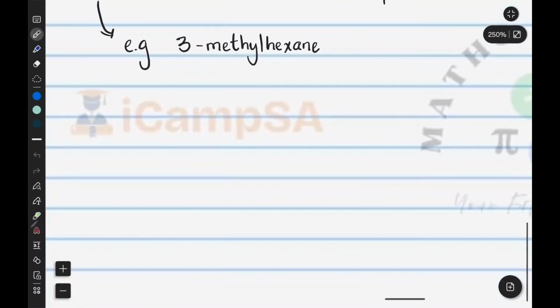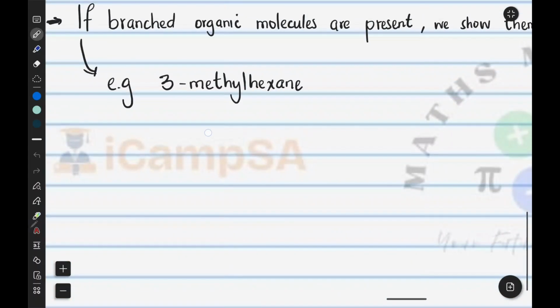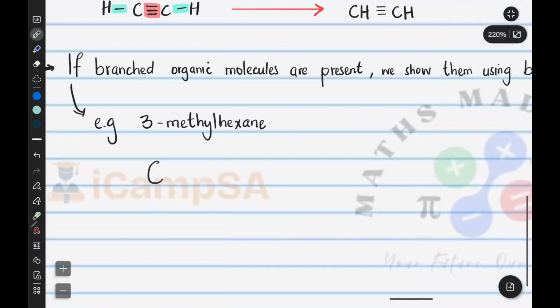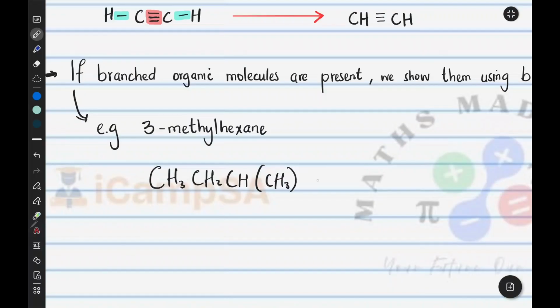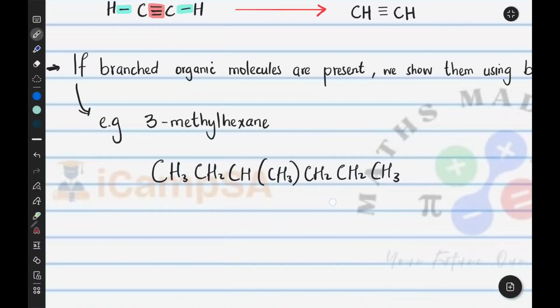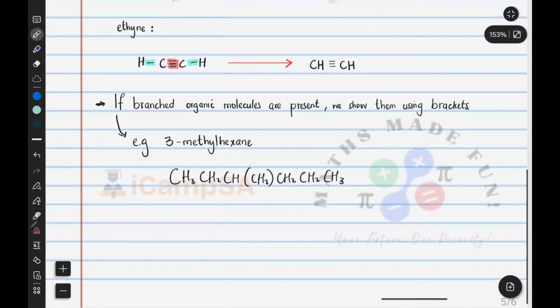And then you'd have CH3, CH2, C, and then something like this, right? So if you're curious how the structural formula for 3-methyl hexane would look like, this is how the structural formula looks like.